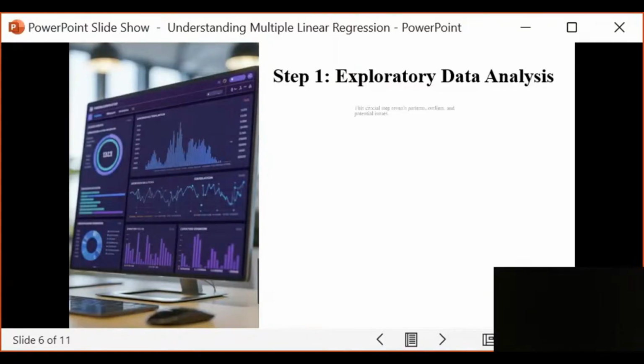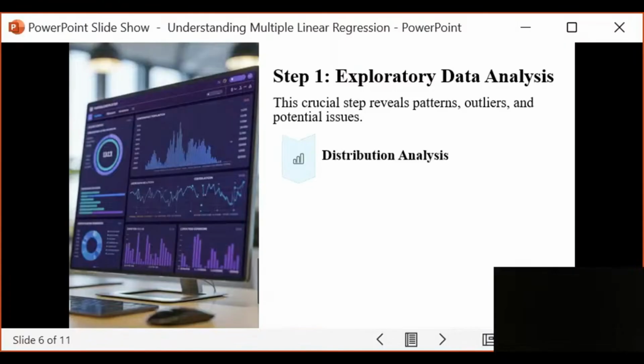In the exploratory data analysis, we have here the steps to undertake. We start with the distribution analysis.